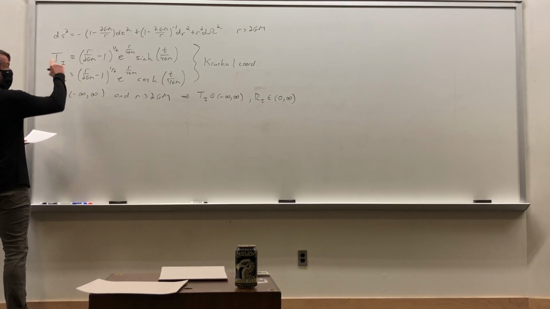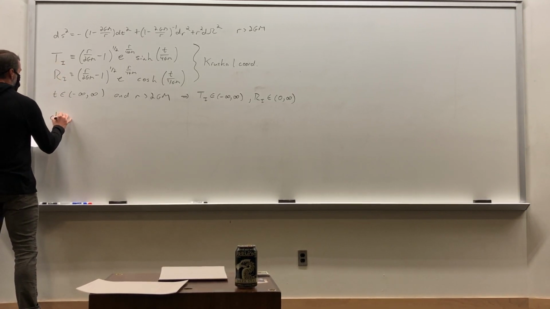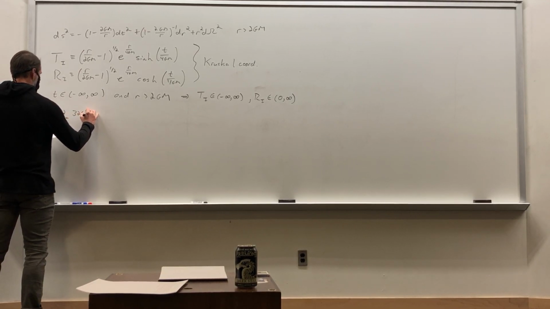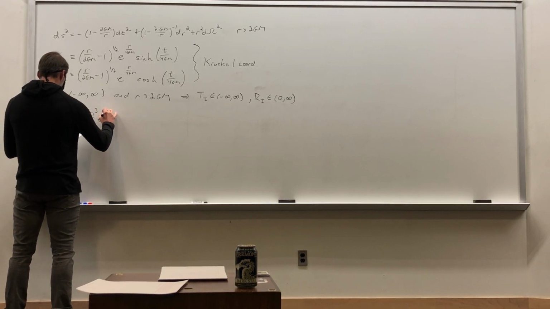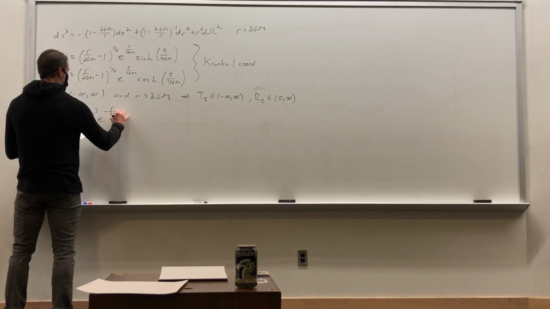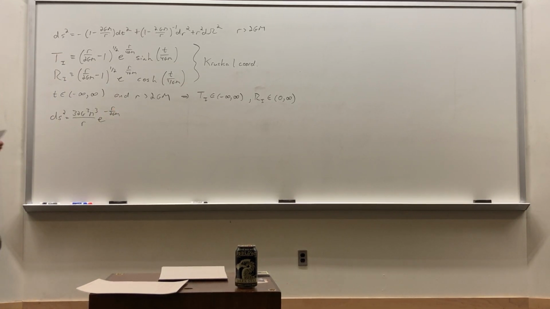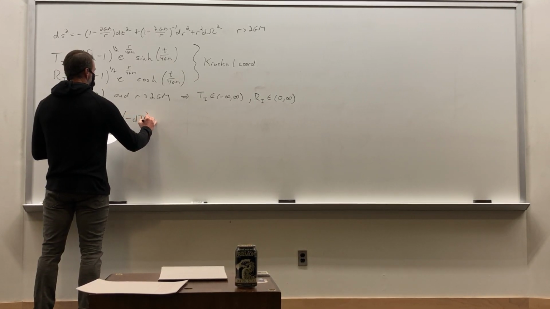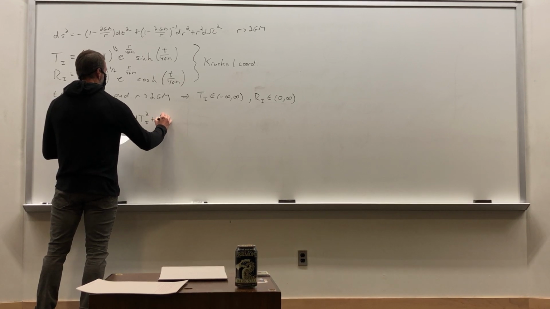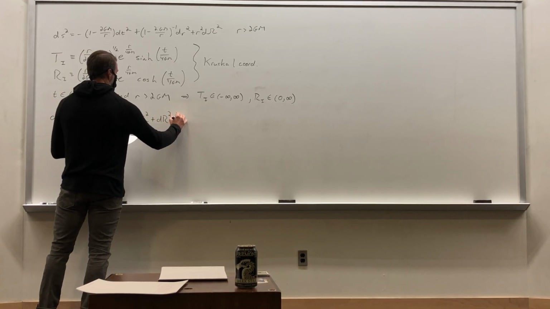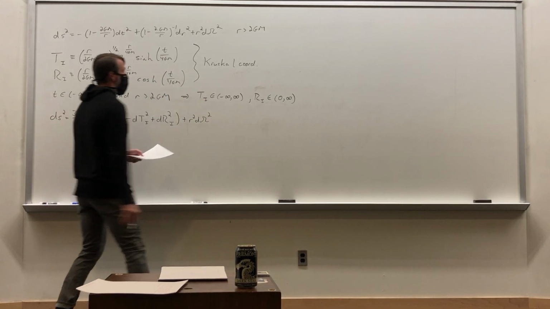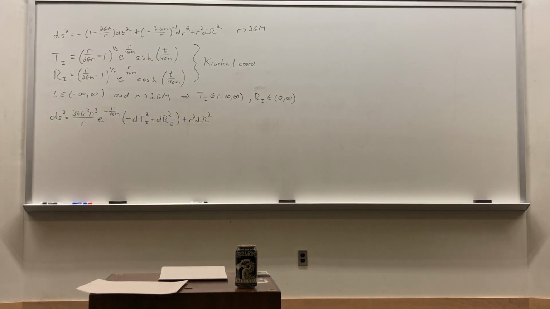Now, in terms of these new coordinates, the metric is going to take the following form. ds squared is 32G cubed M cubed over r e to the minus r over 2GM, I know this is looking ugly, but watch this, times minus dT1 squared plus dR1 squared, plus r squared d omega squared.